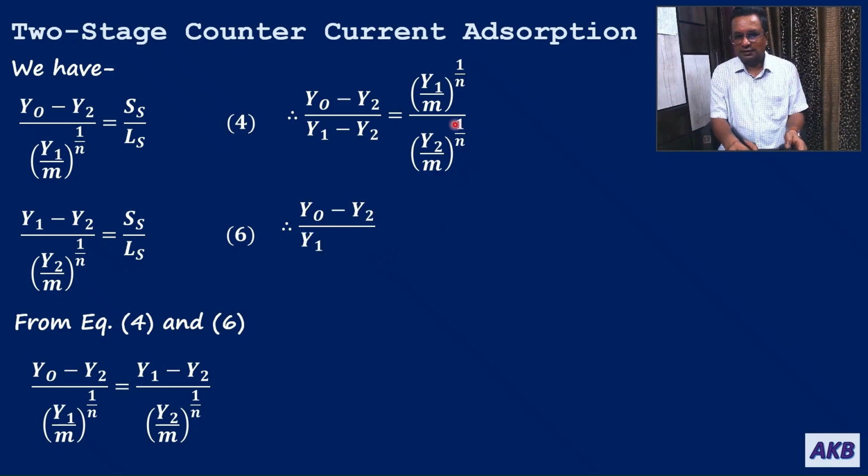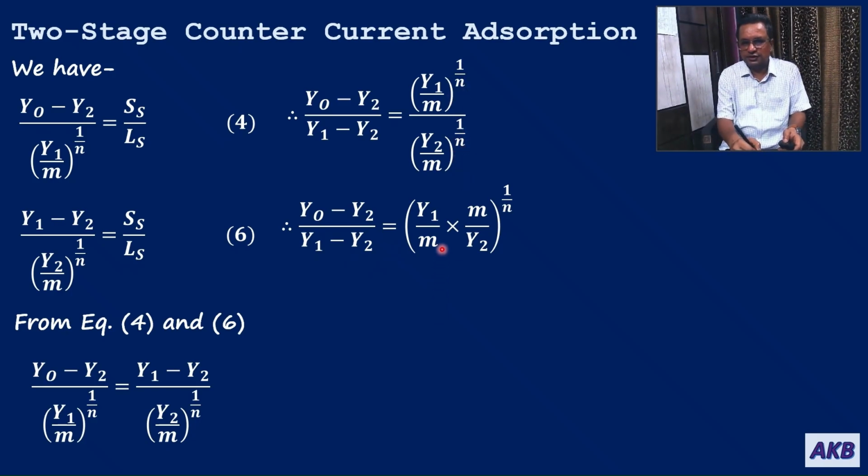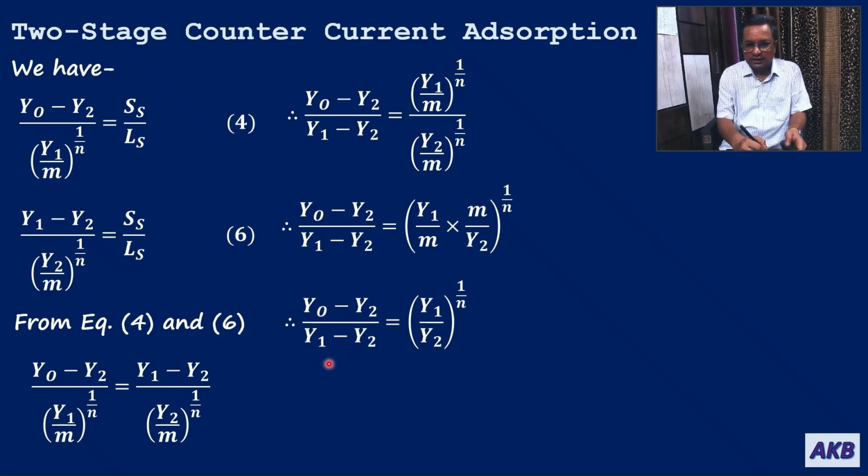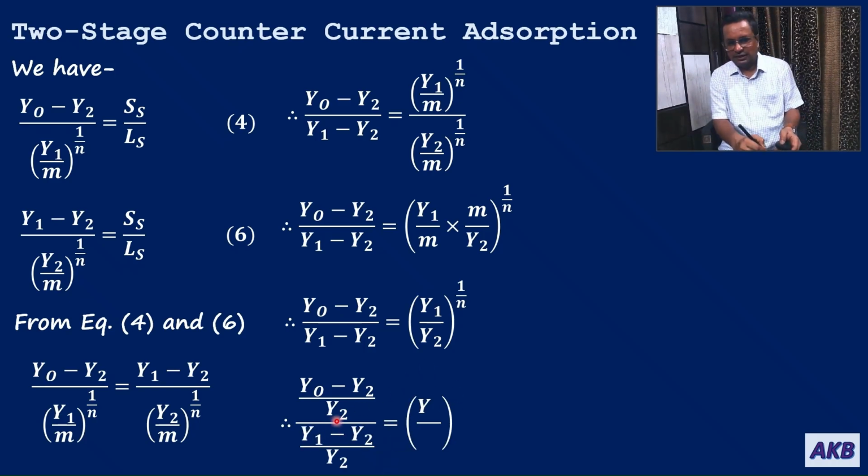Then I can write in this way in the next step, capital Y0 minus capital Y2 divided by capital Y1 minus capital Y2. And since you have the same power for the two terms, you can write it this way: (capital Y1 by M into M by capital Y2) raised to 1 by N. So M will get cancelled, and you are left with (capital Y0 minus capital Y2) divided by (capital Y1 minus capital Y2) is equal to (capital Y1 by capital Y2) raised to 1 by N. Again, I will make some rearrangement.